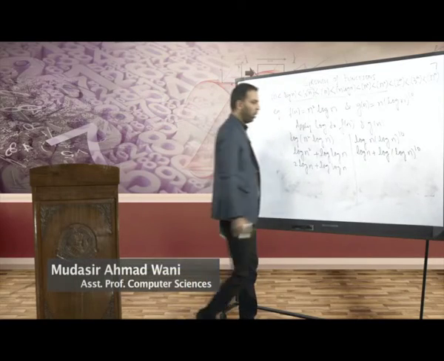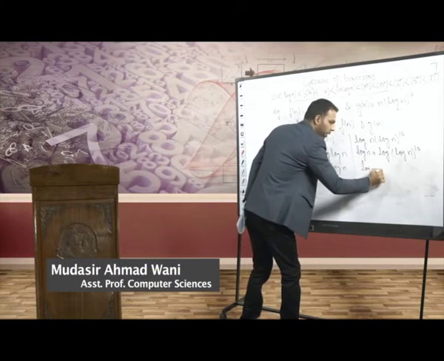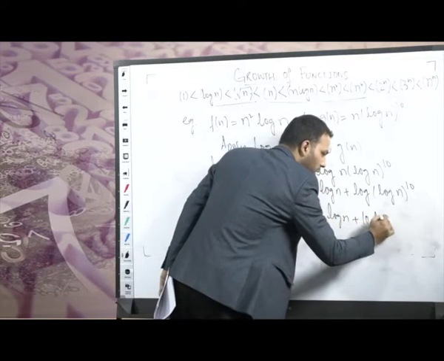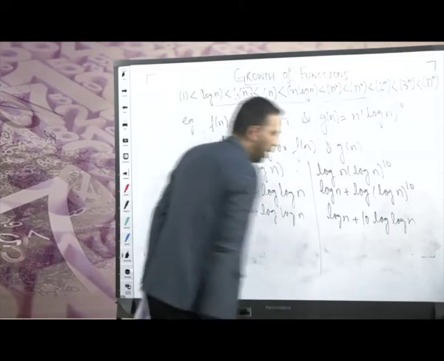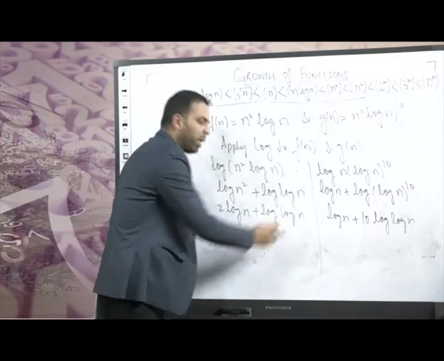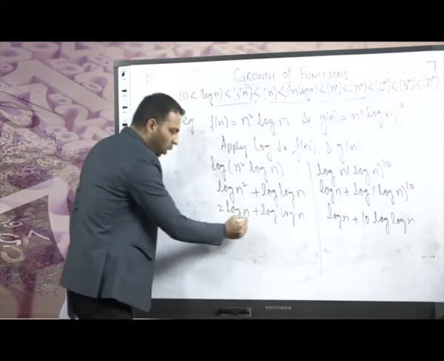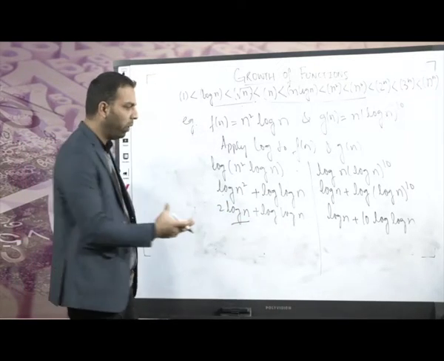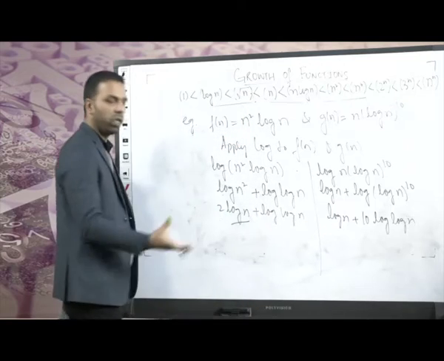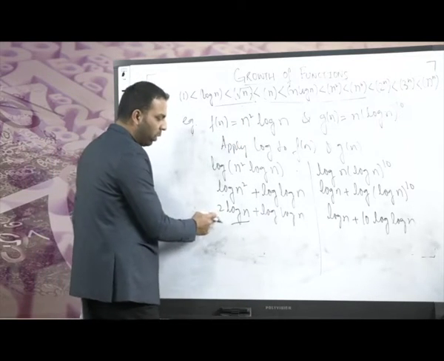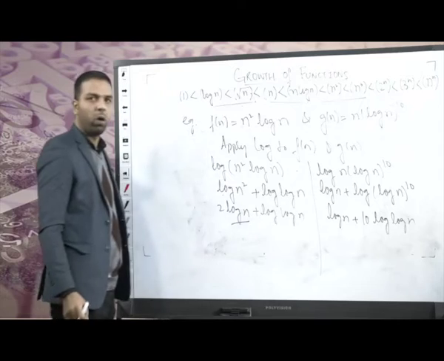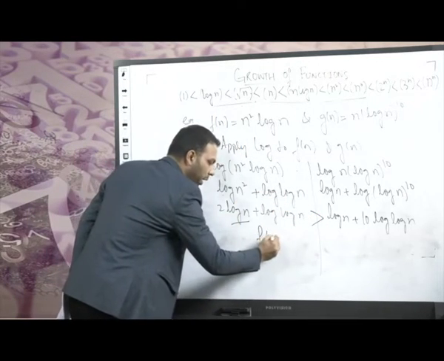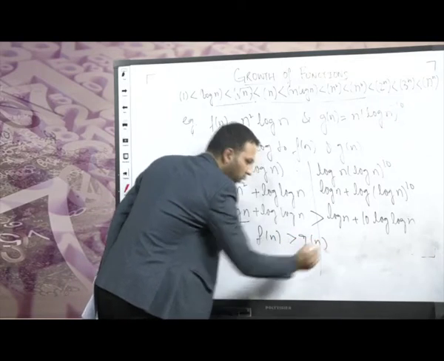This log n will remain as it is, plus the 10 will come out, because this is log a raised to the power b, giving 10 log log n. Now, log log n is a very small term, but log n is a prominent term. So in both of these, we compare the larger term, which is log n. Here we have 2 log n, here we have only 1 log n. So this one is greater than that one, and your f of n will be greater than your g of n.